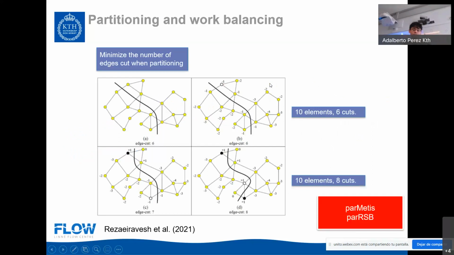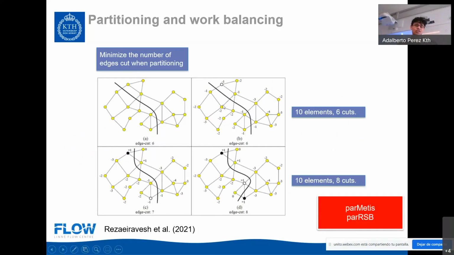Here I'm showing an example where we want to partition a domain between two MPI ranks. So we need to solve this partitioning problem by cutting the least amount of edges between vertices.